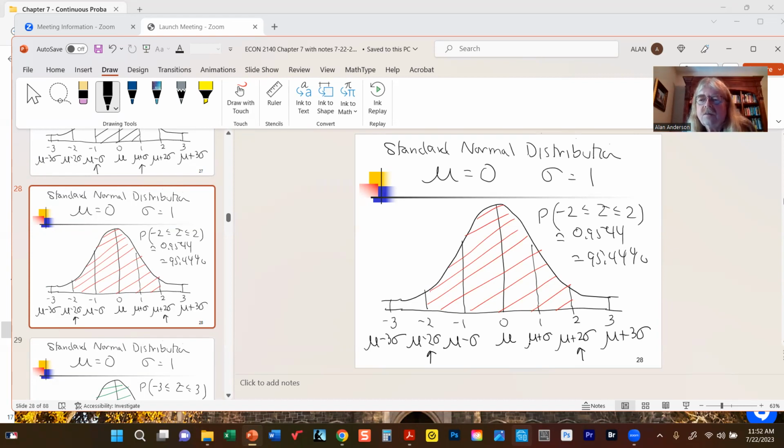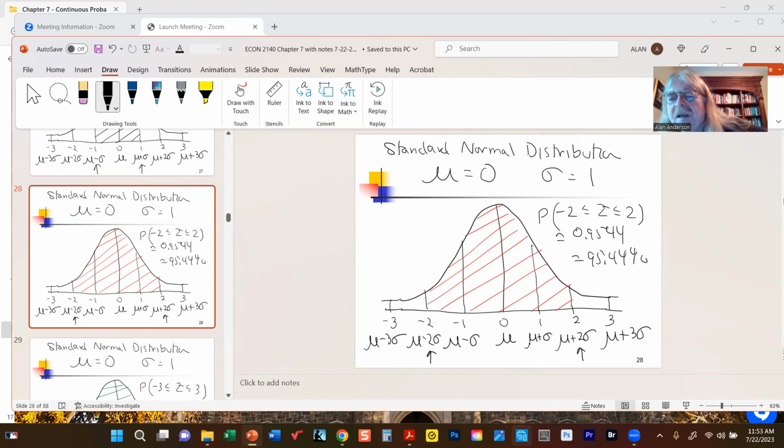And this one, and we'll see how to prove this in a few minutes, proves to be about 95.44%. Now, by the way, the table is all listed as decimals, and so is the calculator. You don't have to interpret it as a percentage, but you can. In other words, 0.9544 is the same thing as 95.44%.